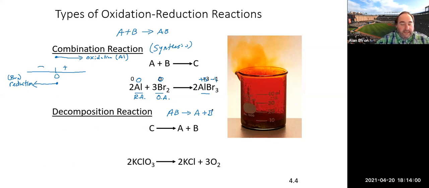And that's what we see here when we look at potassium chlorate, and it breaks apart into potassium chloride and oxygen. So again here, this is a classic decomposition reaction. We got our one thing into two things. You may not recognize it, but again, it is a redox reaction that's happening.